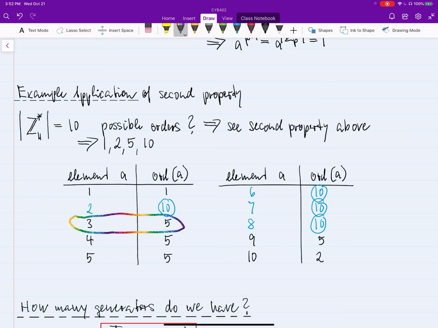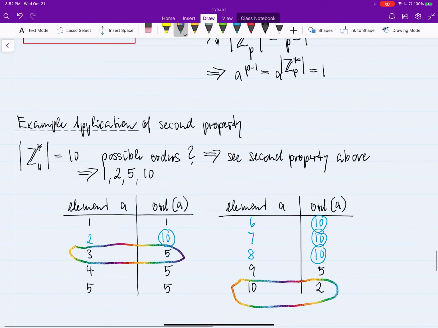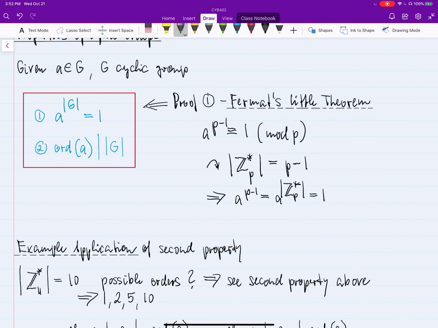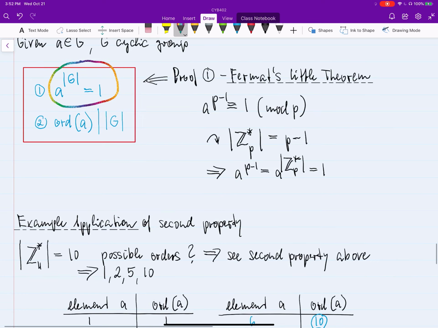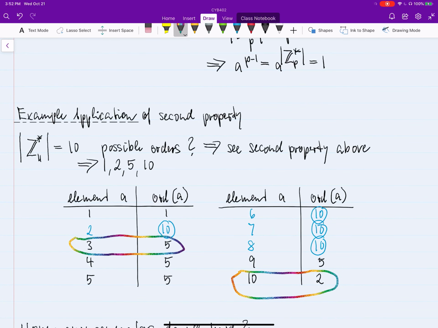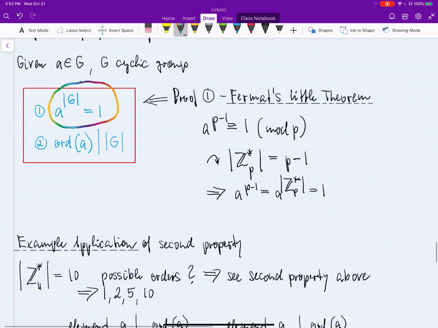We have the element 10, which has the order of 2. When you look at those elements, what that means, for instance, for 3, is that 3 to the 5 is 10. And then you can, of course, apply another 5 exponentiations, and you get 1 again here.